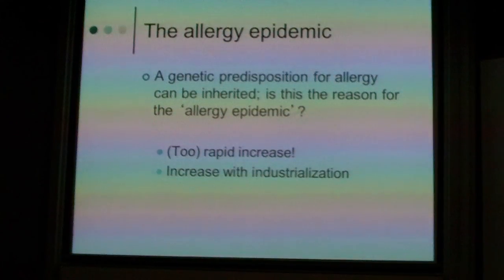You don't inherit very rapidly a new gene which is expressed in a whole population of humans. So there is no indication that the genetic background is changing so fast that it can explain the very rapidly increasing allergic situation in human beings. It's too rapid an increase to be related to genetic predisposition.